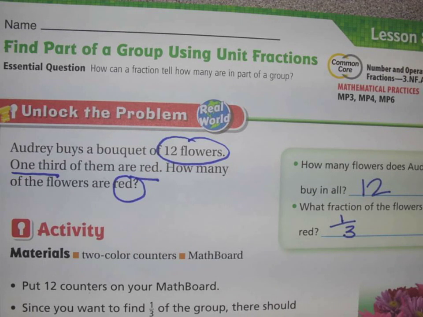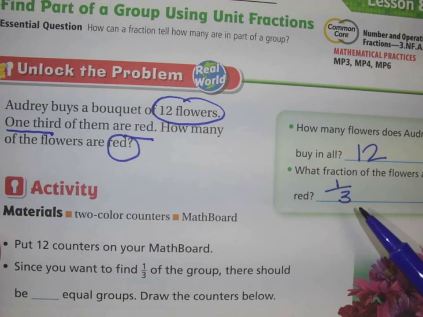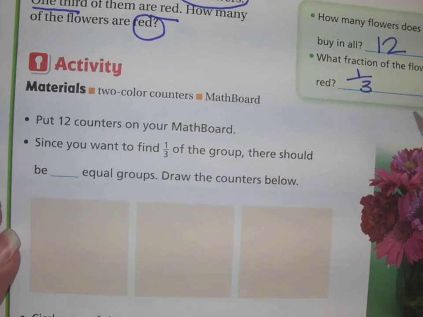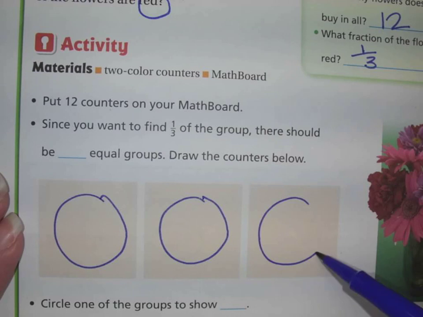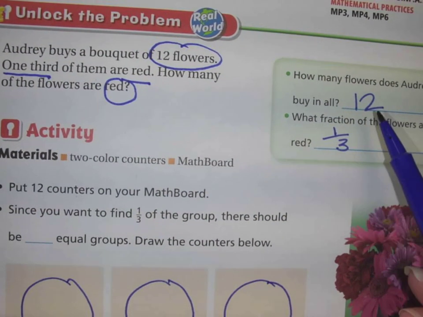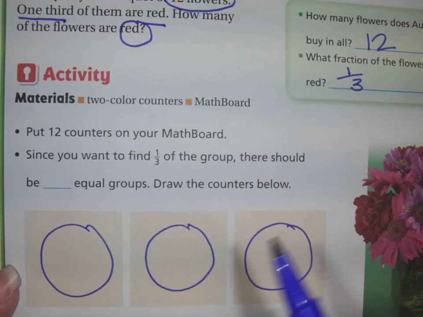So think, 1/3 of the flowers are red. Look at our denominator, it is 3. So think of 3 equal groups, okay? I'm going to go ahead and draw 3 equal groups. And we know 12 is the total number of flowers. So we're going to divide our 12 into these 3 equal groups.